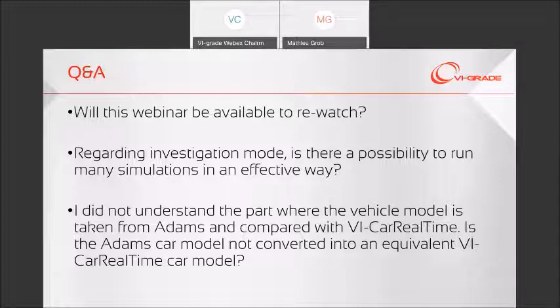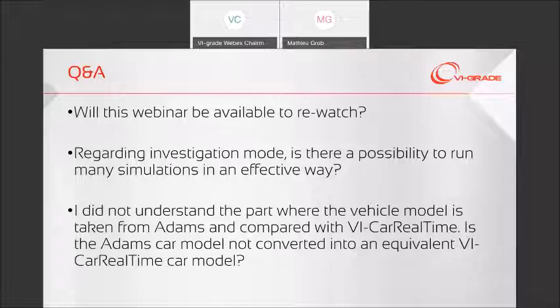Okay. And then another question. I didn't understand the part where the vehicle model is taken from Adams and compared with VI car real time. Is the Adams car model not converted into an equivalent VI car real time car model? Yes, it is converted. But of course, what we do at the end is we double check.